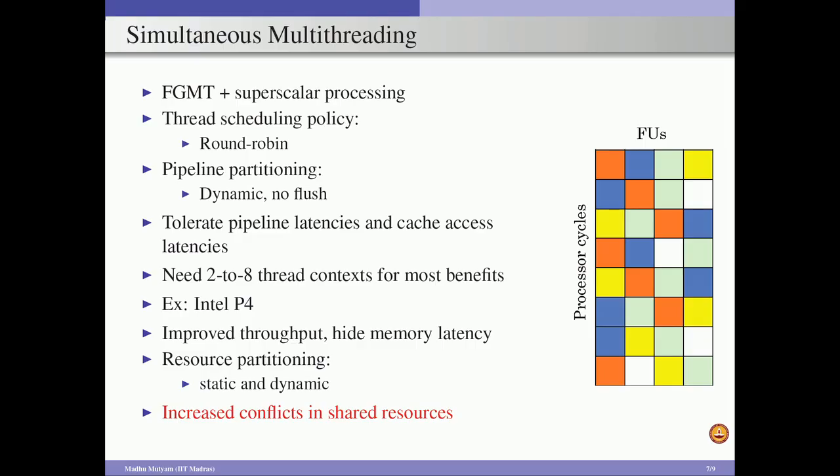So, when we are dealing with simultaneous multithreading, we have to consider efficient sharing mechanisms for these shared resources, so that the performance degradation because of these conflicts can be minimized, and we can improve the overall performance of the system.